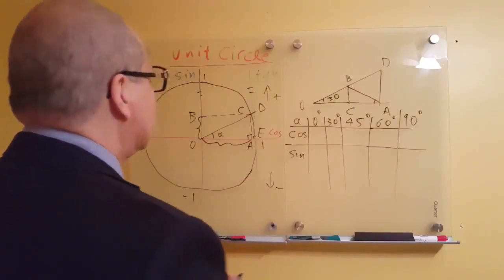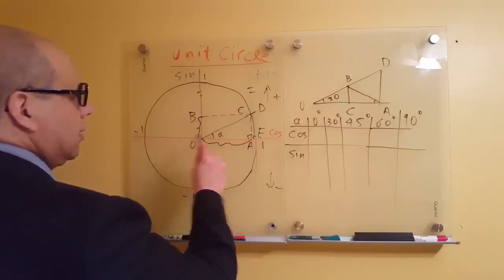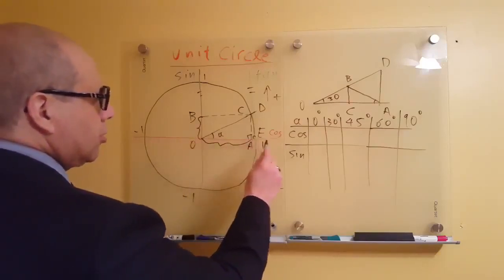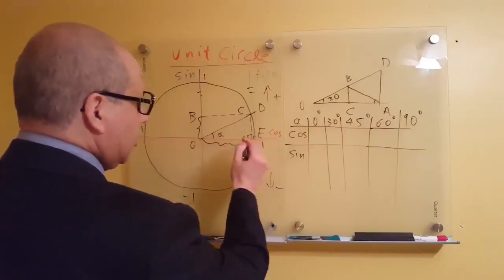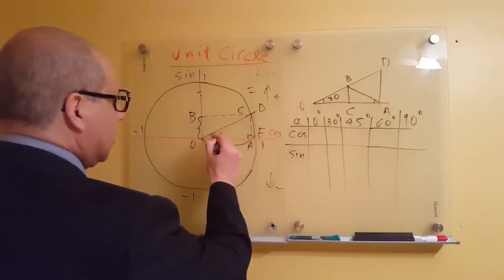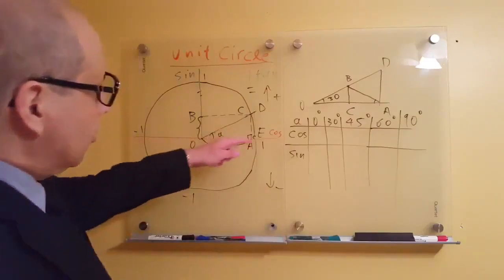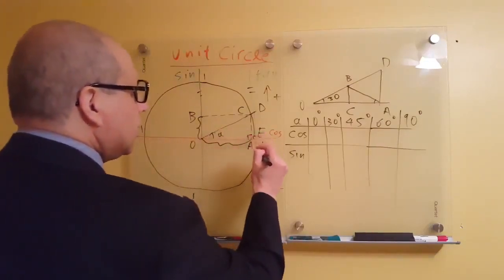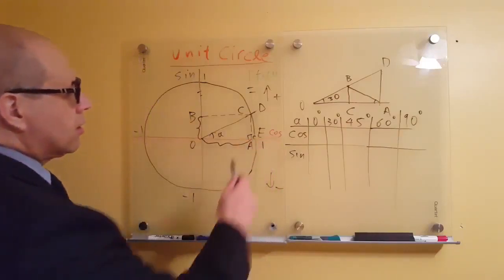So let's start. For the angle 0, since we start measuring from this axis here, this was the angle A, so you go like this. For angle 0, which is exactly here, the cos of 0 is what?